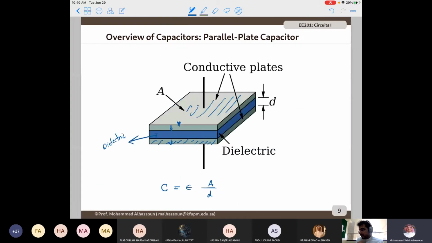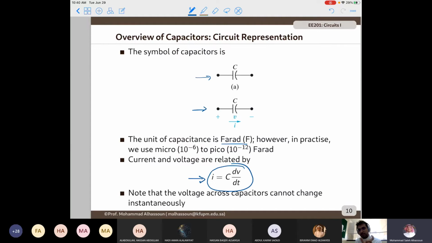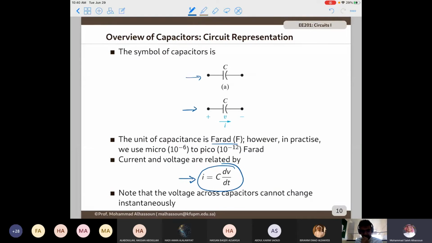The reason for that is you need to play with the dimensions, and eventually you will see that your capacitor is actually huge. So that's why we use very small values of capacitance.